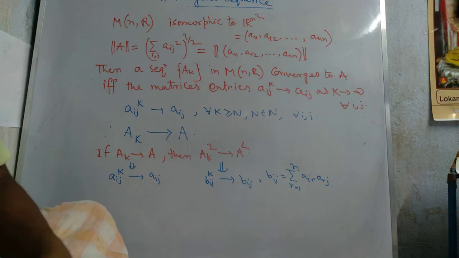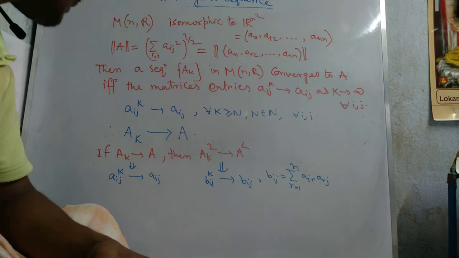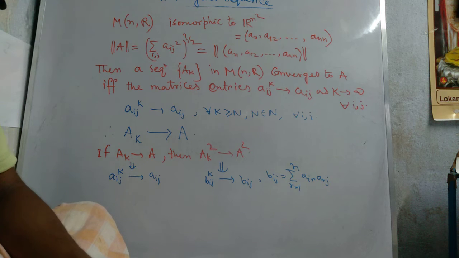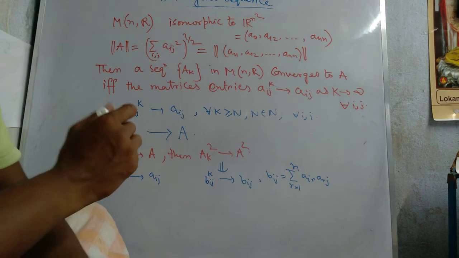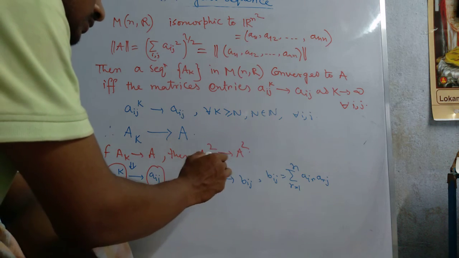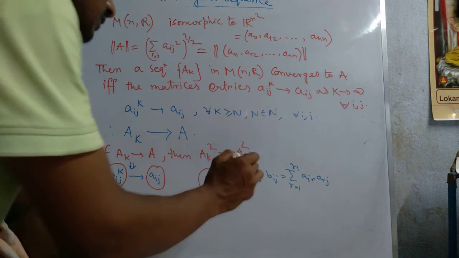In this way Ak squared tends to A squared: if these converge, then this one must converge to this.